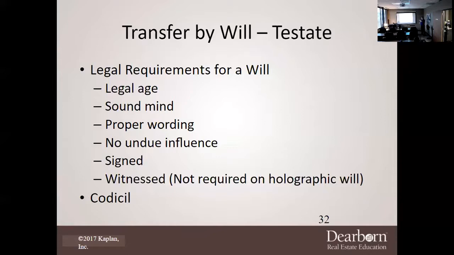That's undue influence, you can't do that. It has to be signed and witnessed, but witnessing is not required on a holographic will because you can't really witness that all the time. And if there's going to be a change to that will, you use what's called a codicil.